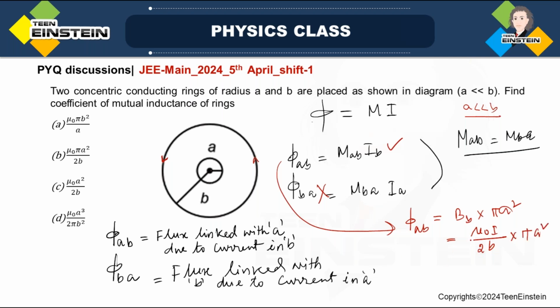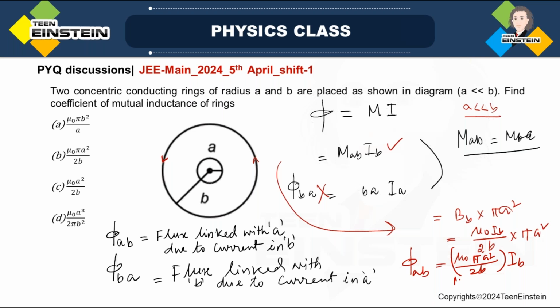So what will be phi m? If I write this, mu naught pi a square by 2b into I. This I is obviously through B. So this is actually phi of AB.